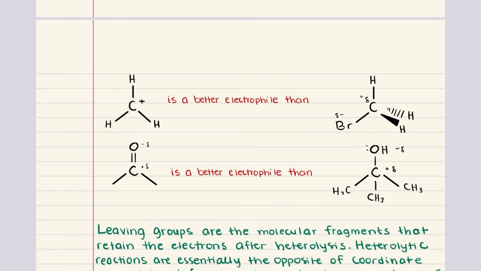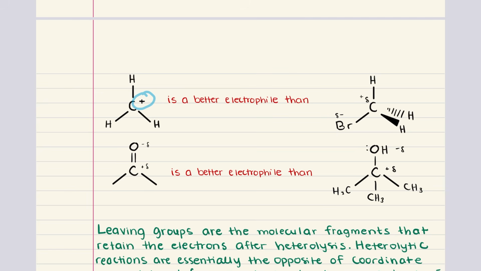In practical terms, electrophiles can be categorized based on their degree of positive charge and polarization. A carbocation, which has an empty p orbital, is an excellent electrophile because it has no electron density to donate, and therefore it's highly reactive towards nucleophiles.